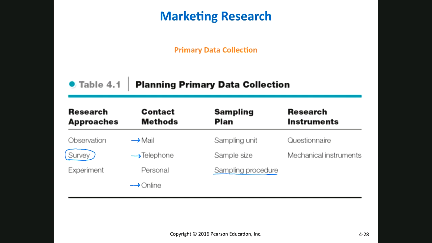And then we'd say, well, how many of those people do we need in order for our survey to have enough power, it's called, to be legitimate and really represent the whole population? So we sample every fifth person at the mall, and we give them a survey, and then how many do we have to have, and what kind of sampling unit are we going to use?